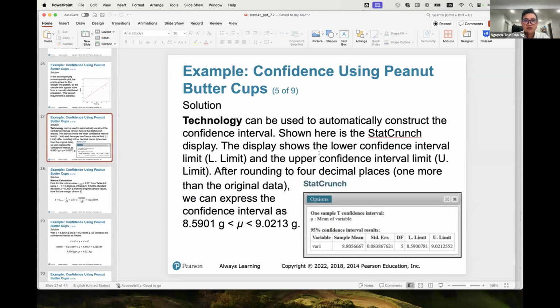We need to use technology to construct the confidence interval, and we can see the lower confidence limit and the upper confidence limit. In this case, you can use StatCrunch to find the confidence interval. So this is another way to do it. It's faster, right? But if you don't have technology, what should we do? So let's do manual calculation.